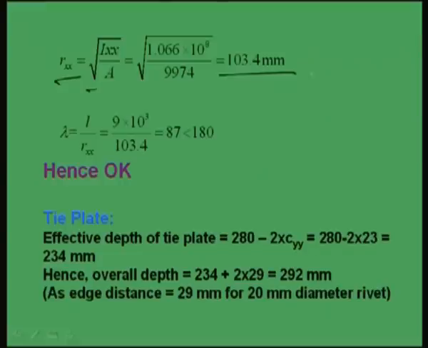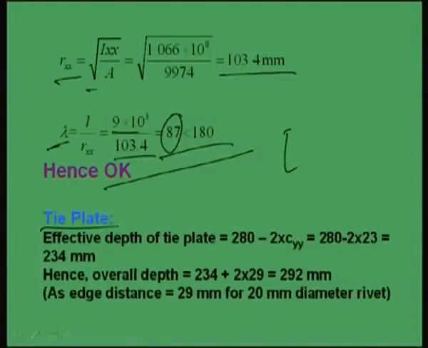And the slenderness ratio is nothing but L by RXX. The length is given as 9 meter and the radius of gyration is 103.4. So this becomes 87, which is less than 180. As per the codal provision, if it is less than 180, it is okay. So from the slenderness ratio point of view also, the assumed section is okay to take that much load.